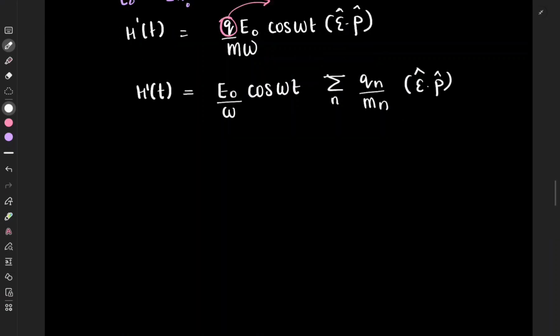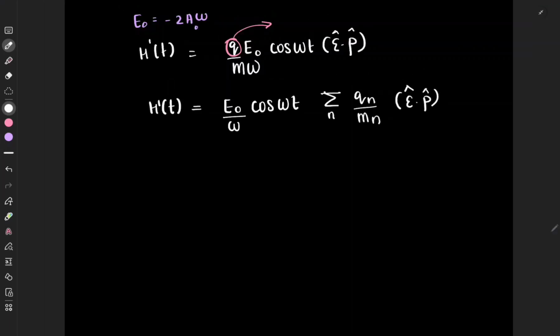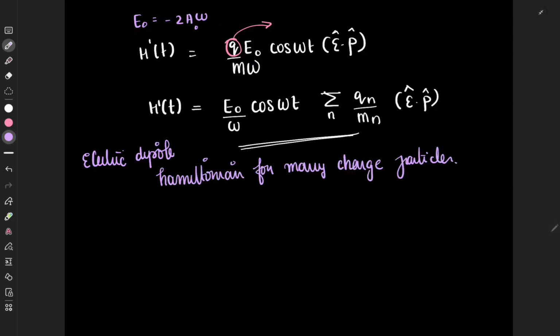So for a collection of charged particles, this is called the dipole approximation. And this Hamiltonian over here is the Hamiltonian for the electric dipole. So we can write it as the electric dipole Hamiltonian for charged particles, the Hamiltonian for many charged particles. Okay, we will stop here in this lecture and continue in the next class.